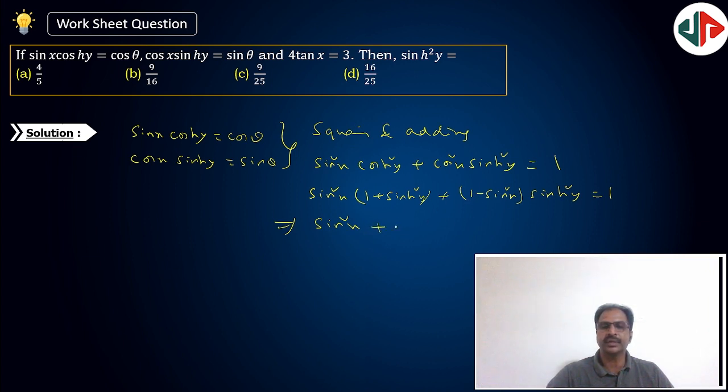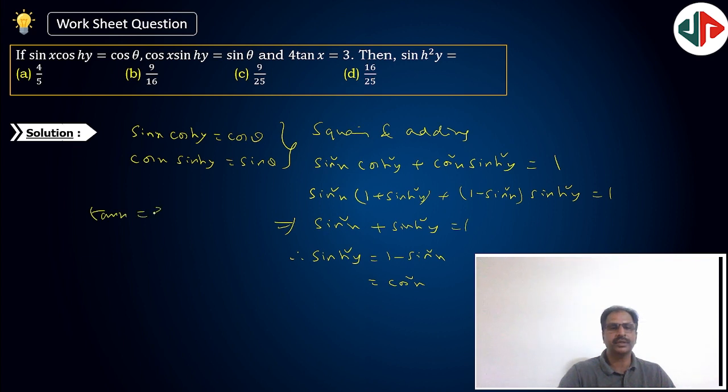And here 1 into sin h square y, sin h square y is equal to 1 minus sin square x, which is cos square x. Tan x is given as 3 by 4. If tan x is 3 by 4, cos x will be 4 by 5. So cos square x will be 16 by 25. Option D is the correct answer.